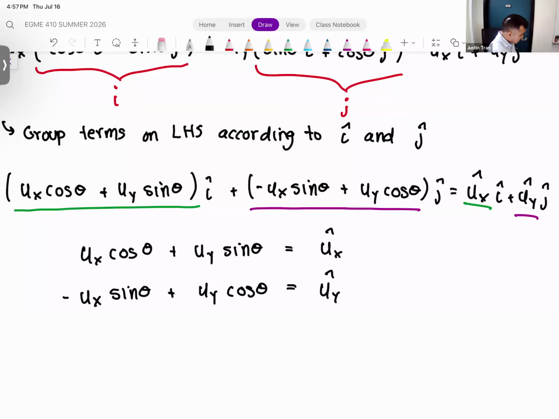All right, so we have two equations. We're going to do the favorite thing that we always do when we have two equations like this: put it in matrix form. Because if we look at the left-hand side of this equal sign, we have ux and uy, and they're just multiplied by sine or cosine.